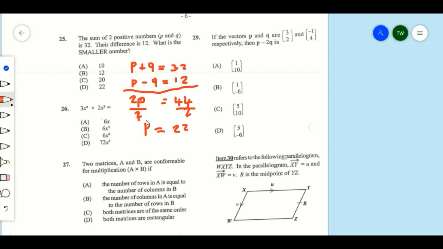So where we see P, we're going to put 22. So therefore, 22 minus Q is going to equal 12.